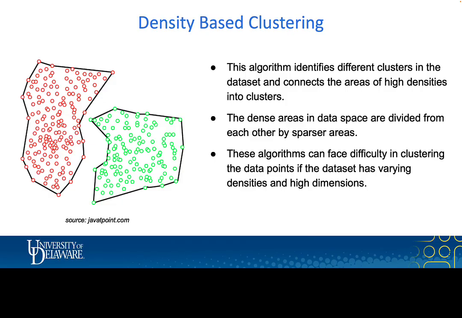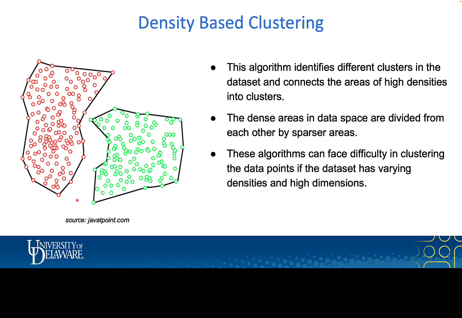Density-based clustering. In these methods, we try to connect the highly dense areas into clusters. It doesn't require a specific number of clusters in advance. This algorithm does it by defining a cluster as a dense region of points separated by areas of lower point densities.